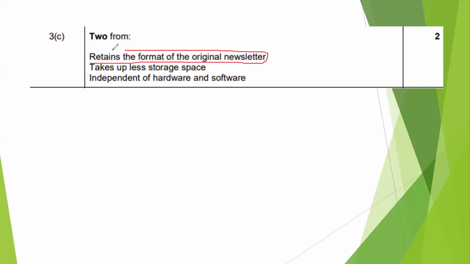Because if you save your data in Word, data can be scrambled on another computer, but PDF could not. So PDF can hold the data as it is. It takes up less storage space, independent of hardware and software. No specific hardware required, no software required. You can open it in any format.